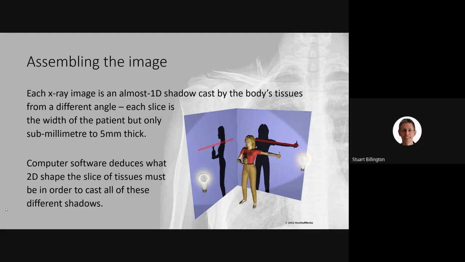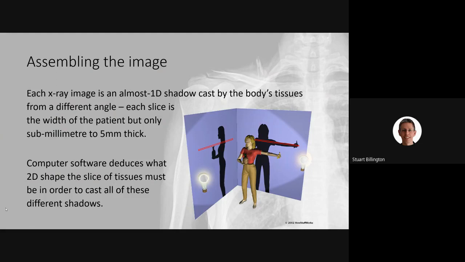And it takes that picture from multiple angles. The diagram is showing you from 2 angles, from the front of the person and from the person's left-hand side. And you can see that the shape of the shadow within the black rectangle is different from the 2 sides.